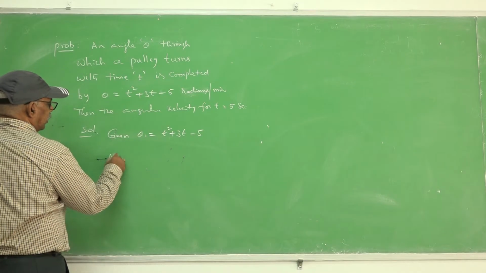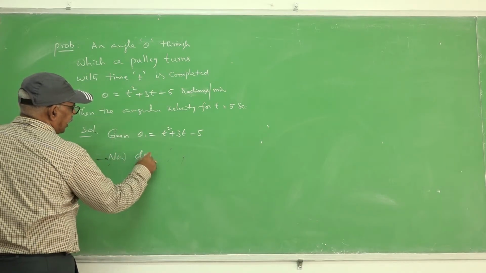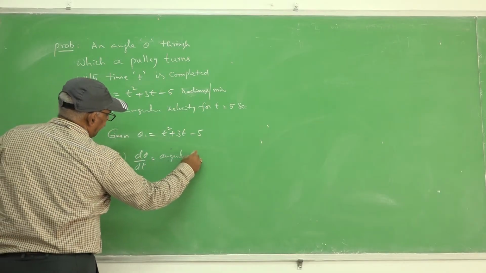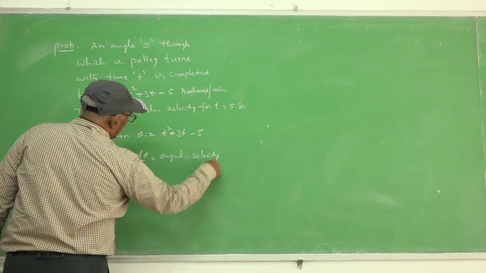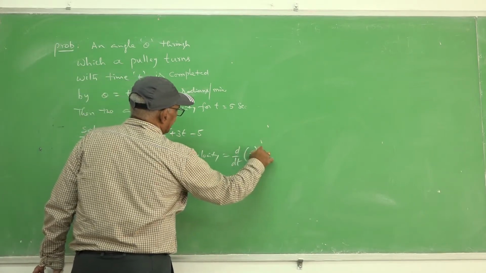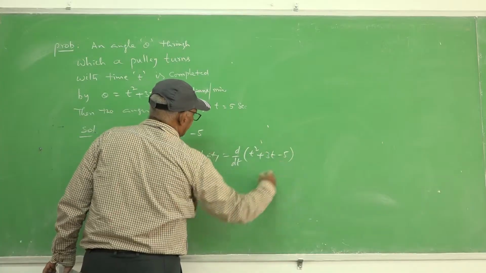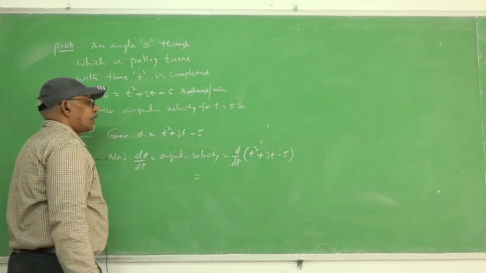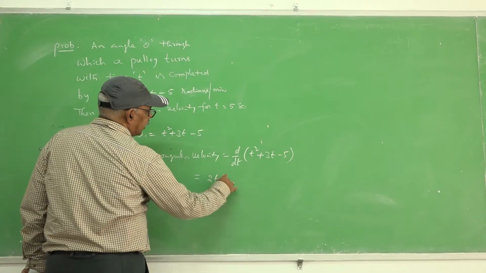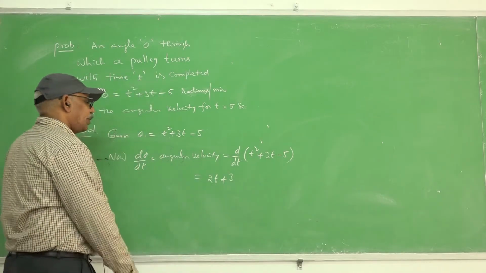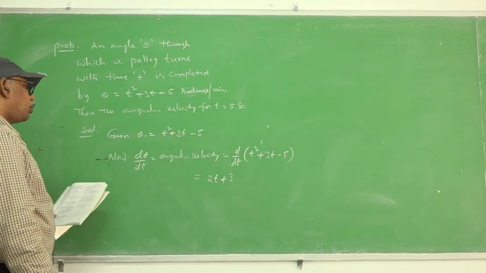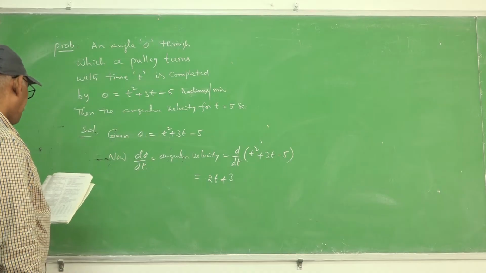Now d theta by dt, angular velocity, is d by dt of t square plus 3t minus 5. That gives us 2t plus 3. d theta by dt is 2t plus 3.